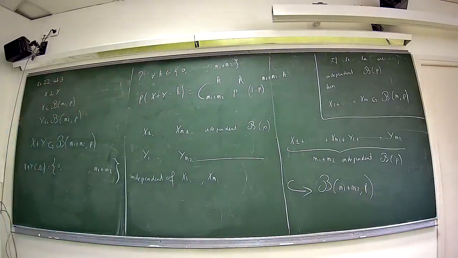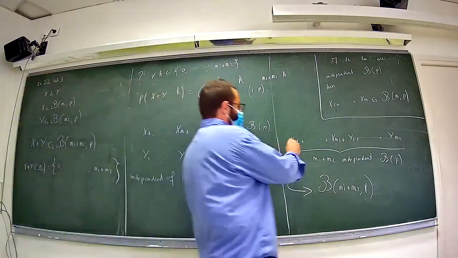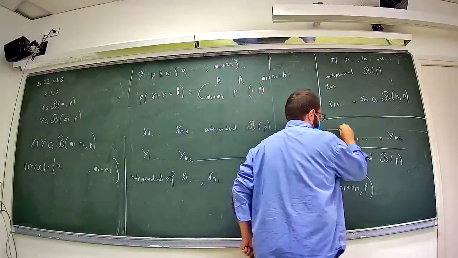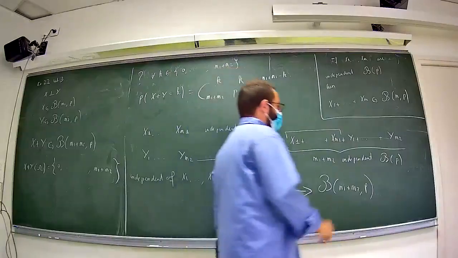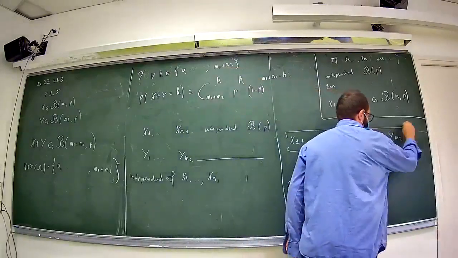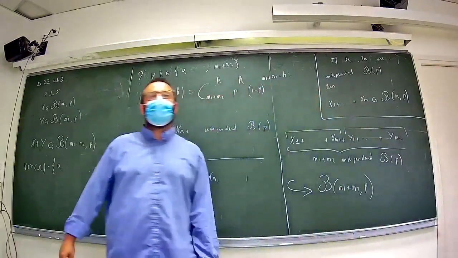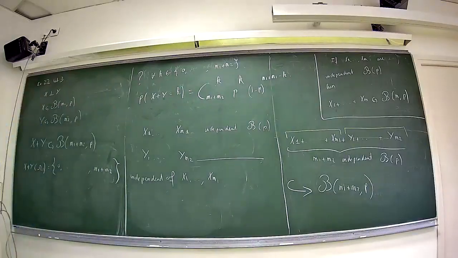But in fact, I can also cut my sum into parts. When I do this sum, I can also do the sum of the first n1 terms, and then the sum of the others. What happens for the first n1 terms?